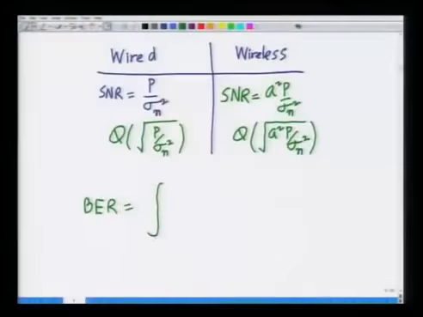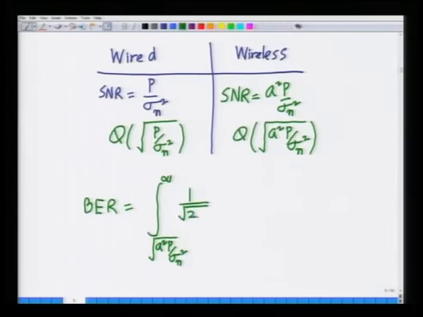So, this bit error rate of the wireless channel is simply the integral from square root of a squared P over sigma n squared to infinity of 1 over square root of 2 pi e power minus x squared by 2 dx.